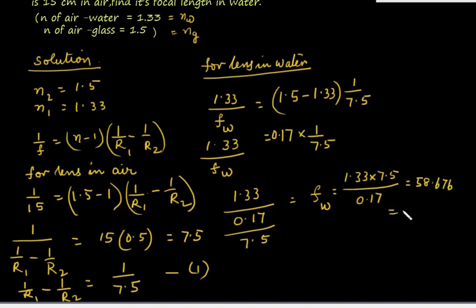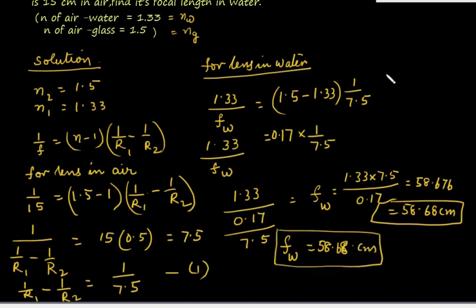We can take it as 58.68 centimeter. So the focal length of the lens in water is equal to 58.68 centimeter.